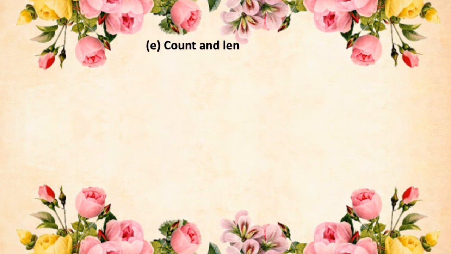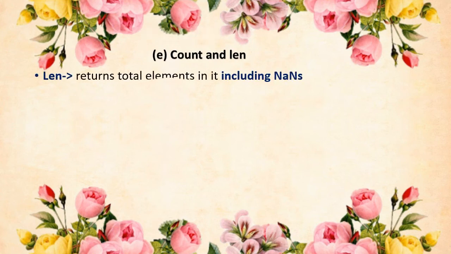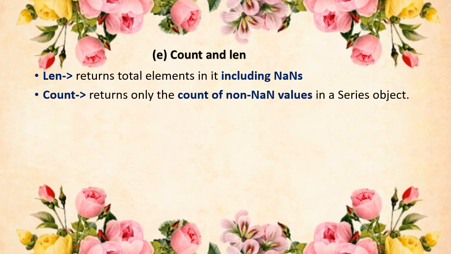And next, two more functions: count and length. The length function returns the number of elements including the not a number value. Count counts the number of elements excluding not a number.